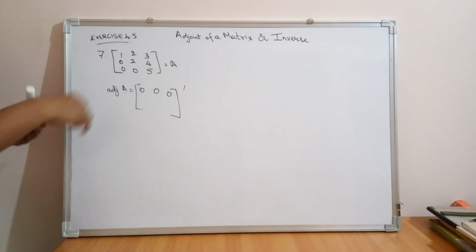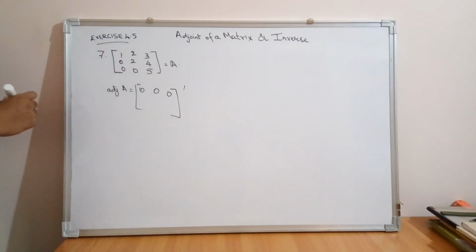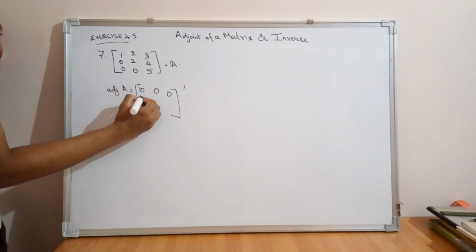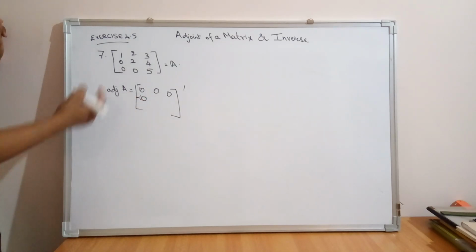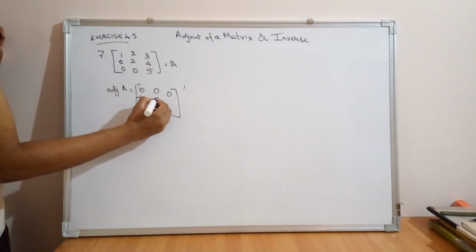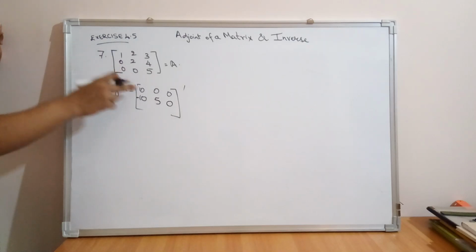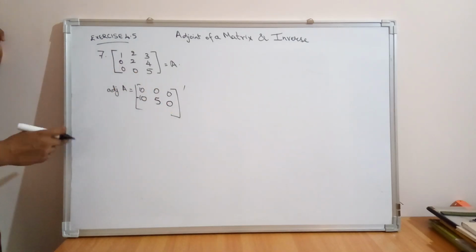Okay. Then you have here 10 again, but it is a negative sign here. Then you have 5, then 0. Okay, 3 zeros over, I think, no more zeros mostly.